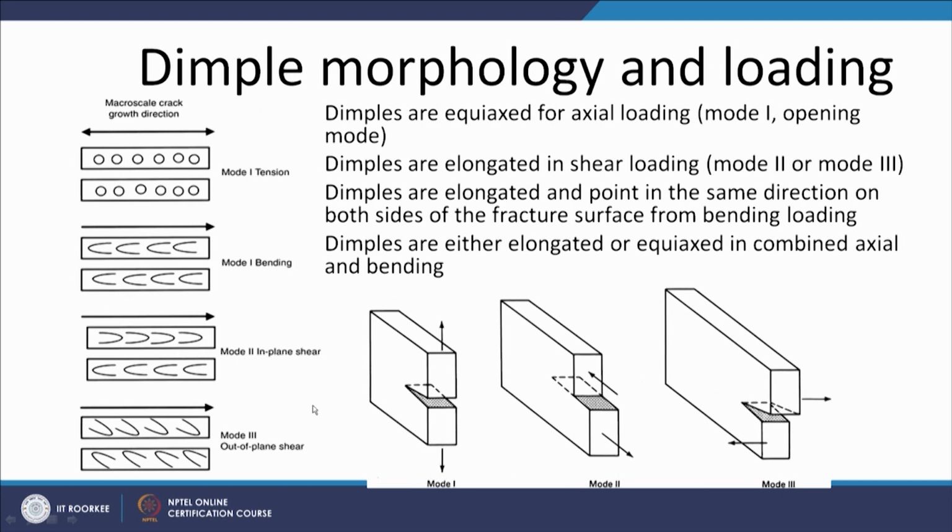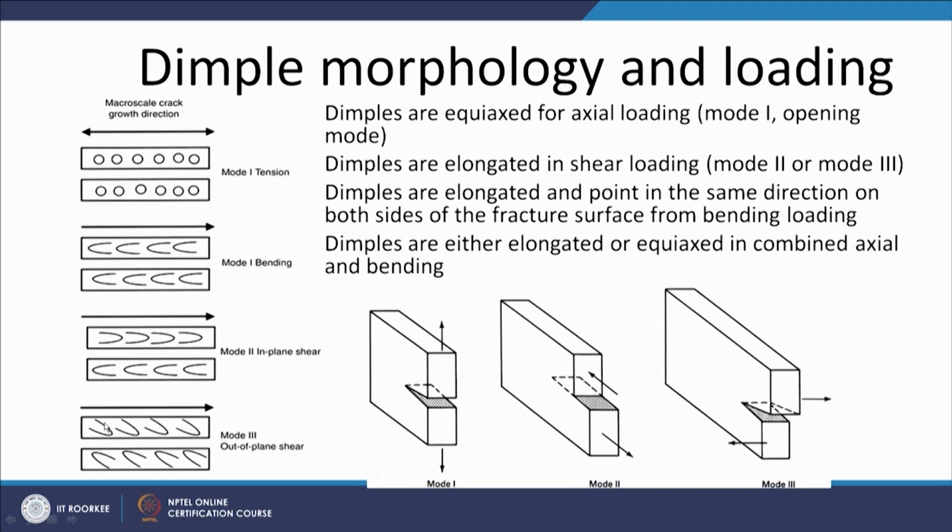Similarly here, mode 3 is also the shear loading, but out of the plane shear loading. So, in that case a similar kind of pattern will be followed as per the direction of the loading. Dimples will be oriented in the direction of loading, but they will also be out of the plane, meaning they will be inclined to the direction of the surface.